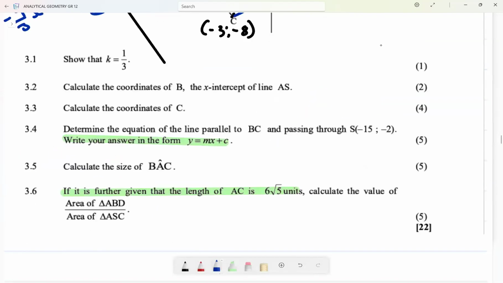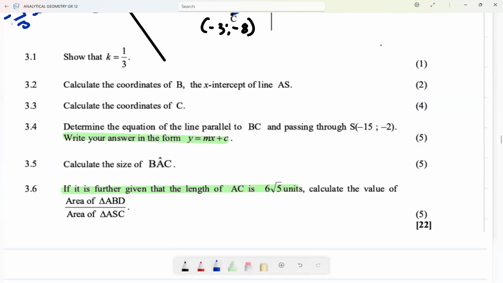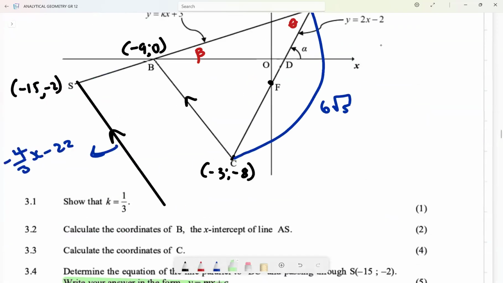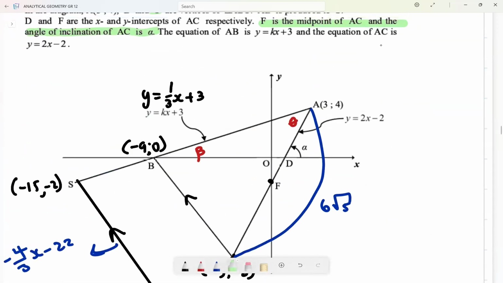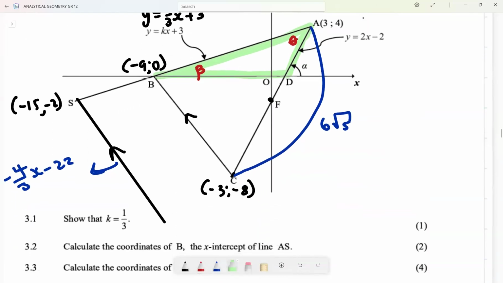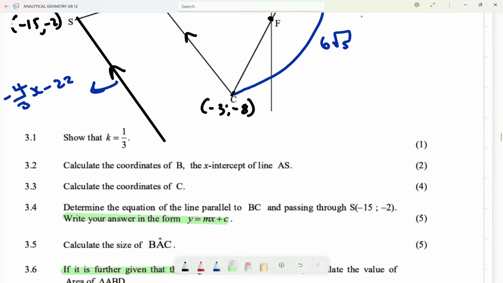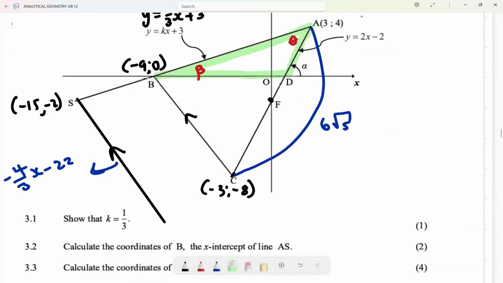And then they want me to find the area of ABD, as well as divide by the area of ASC.